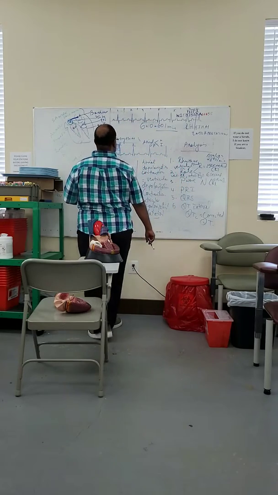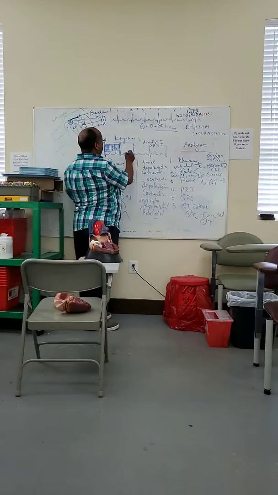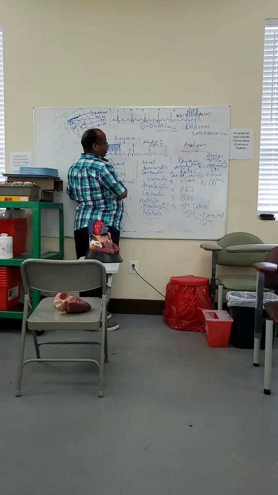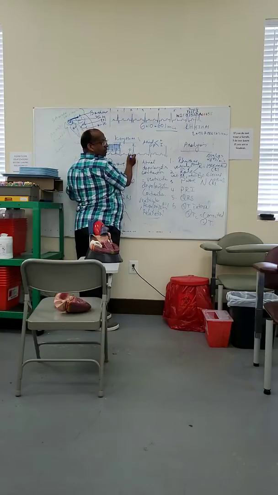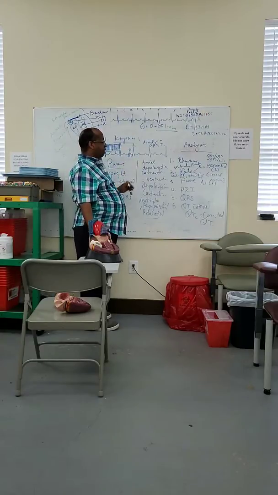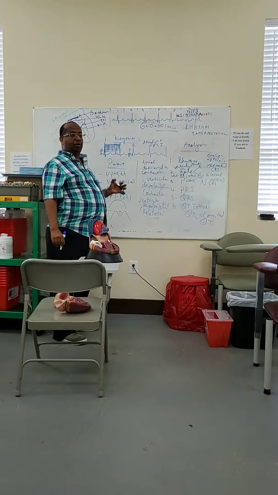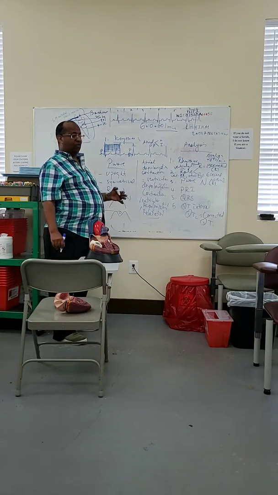The PR interval is the interval from the beginning of the P wave to the beginning of the Q wave. Then count the little boxes. How many boxes do you have? Multiply by 0.04. Why?